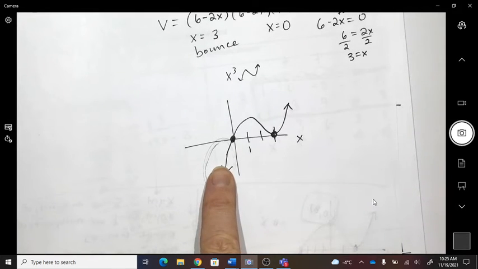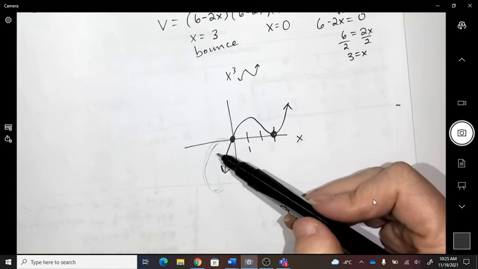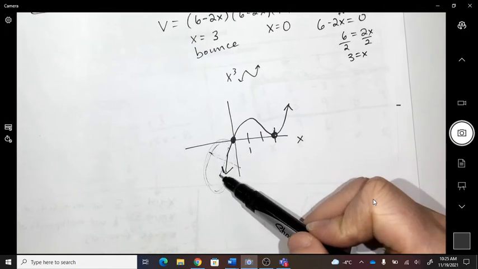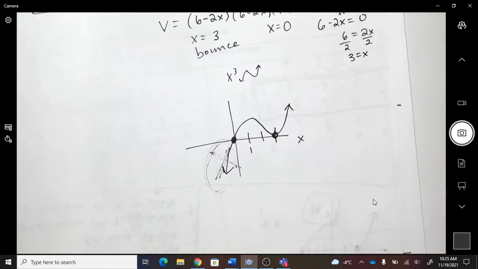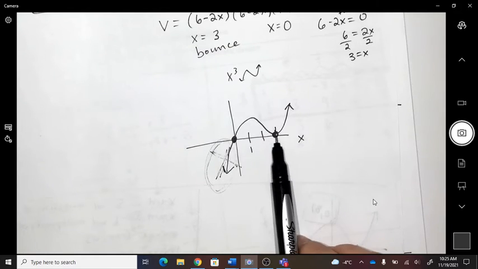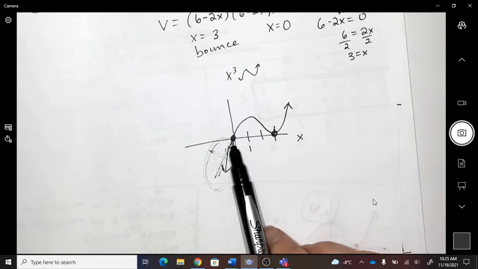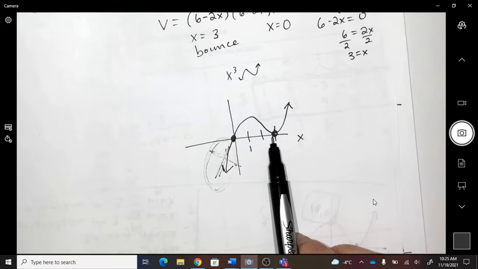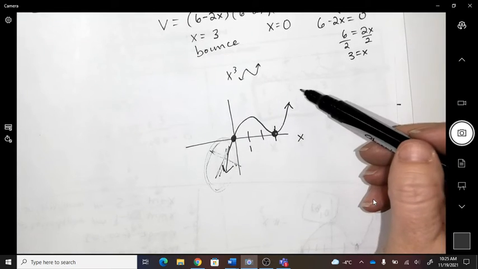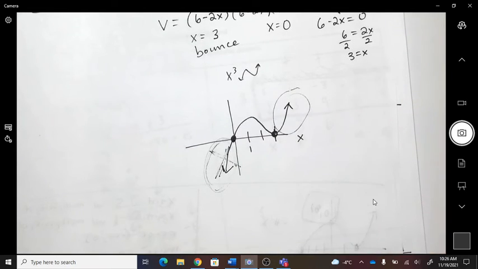Can you have a negative cut off? Can you have a negative volume? No. So this part of my graph won't even work. From here to here, what about this portion? Do you think that's good? Yep. What about the third portion?